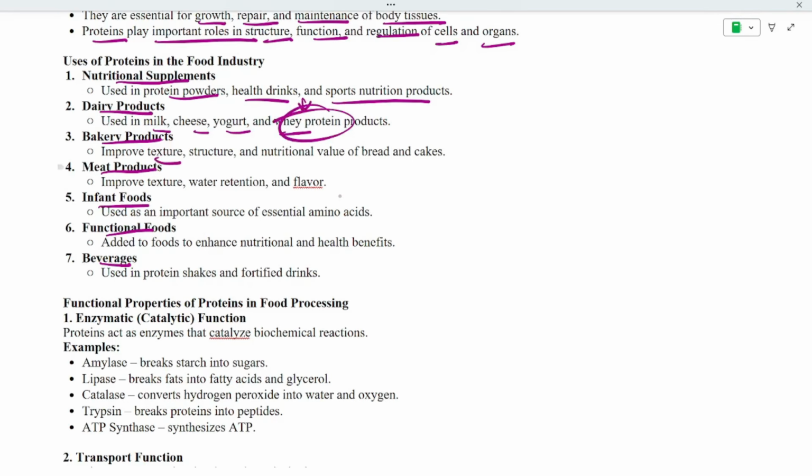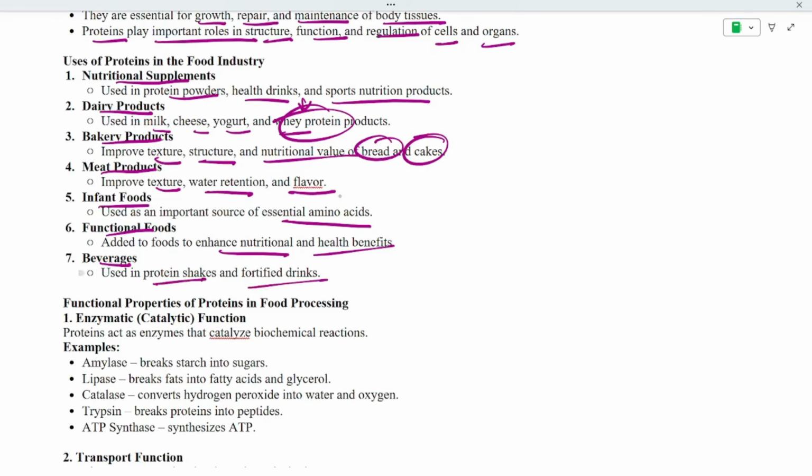Bakery products, to improve texture, structure, and nutritional value of bread and cakes. In meat products, again, to improve the texture, water retention and flavor. Infant foods, that is newborn babies' food, also use this. Functional foods are to enhance nutrition and health benefits. Beverages are used in protein shakes and fortified drinks.